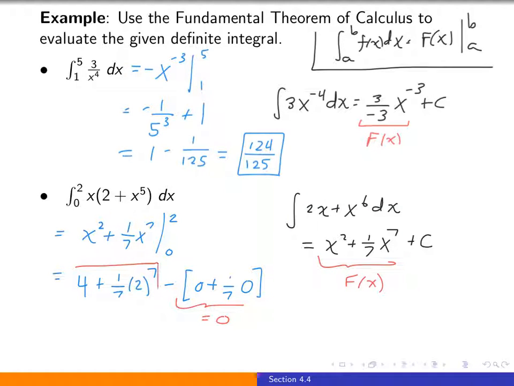So the value of our definite integral is 4 plus 1/7 times 2 to the 7th. And keep in mind what these numbers are representing, some net difference of enclosed areas. But note that this method using the fundamental theorem of calculus is definitely much simpler than our previous approach that required us to use this definition, i.e. a limit of a Riemann sum.